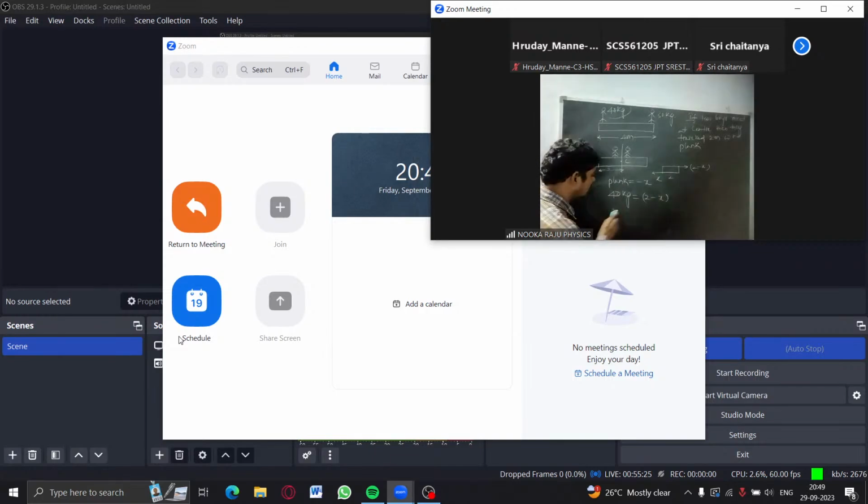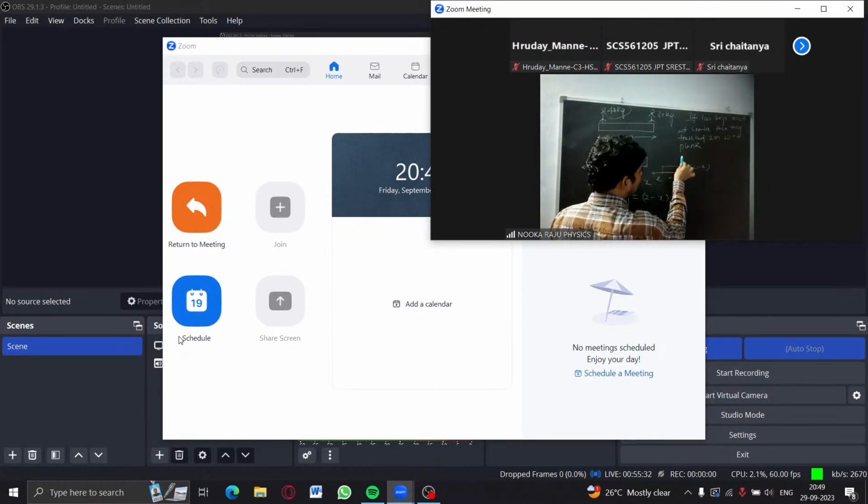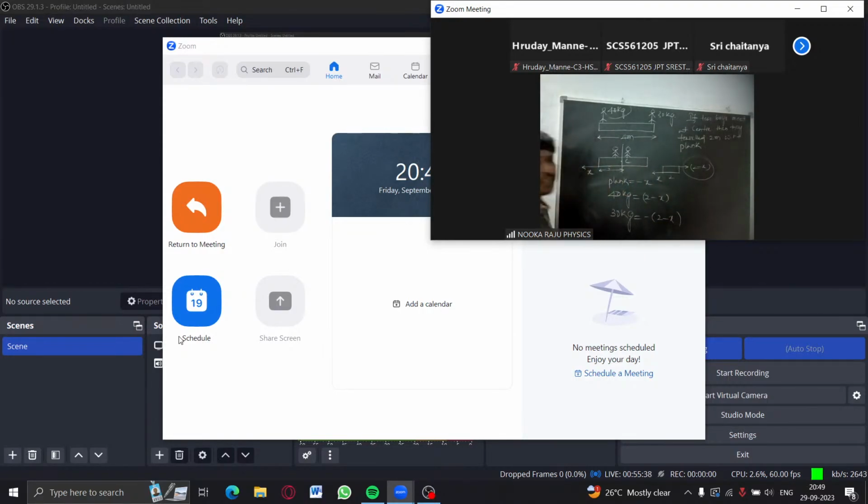Right? And coming to the 30 kg mass. With respect to the 30 kg man, what happens actually? This is opposite, so before I wrote it wrong. So minus of 2 minus x. Is it okay? Yes, sir.